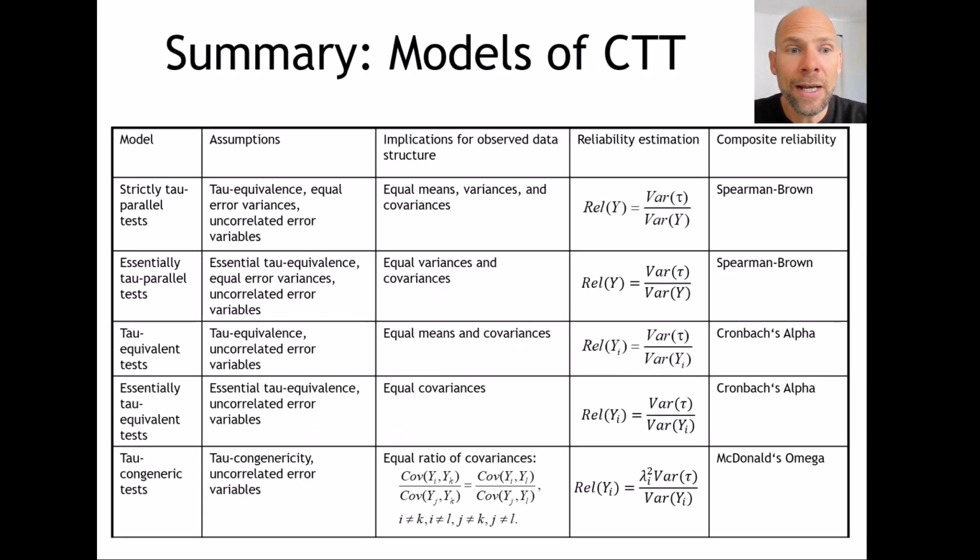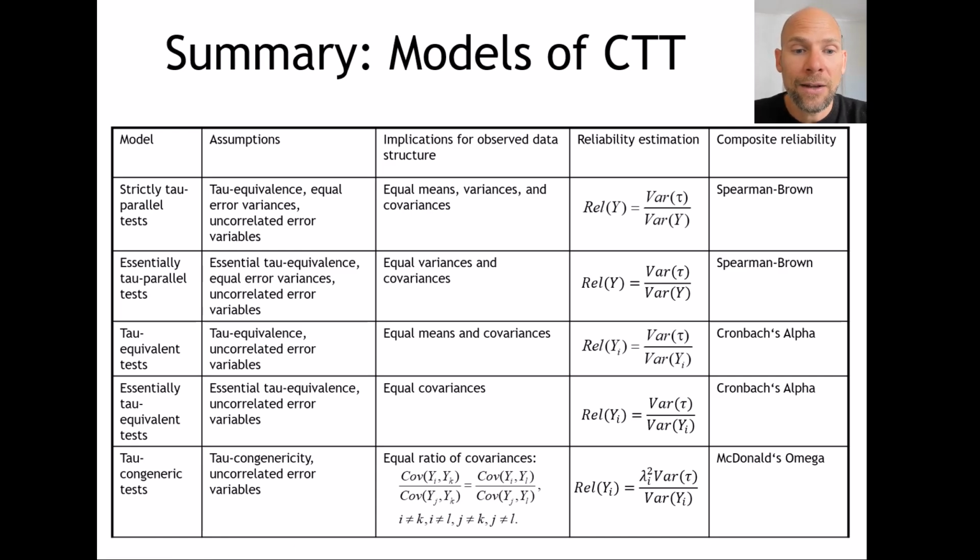In summary, we have 5 models of classical test theory here ordered from the most restrictive model to the least restrictive model, with some of the models here being the same in terms of the number of parameters versus restrictions, but the strictly tau parallel model is definitely the most restrictive model. The Tau-congeneric model is the least restrictive model.